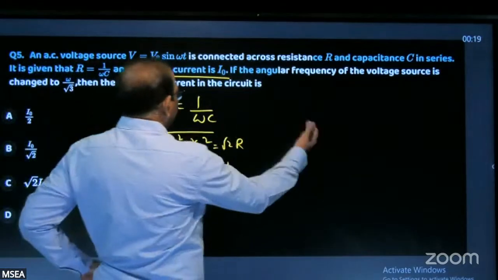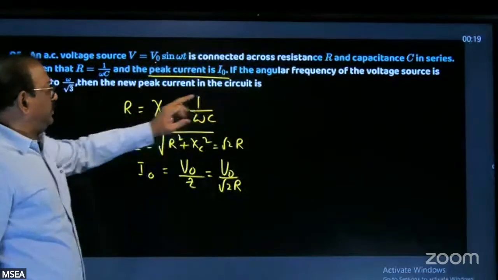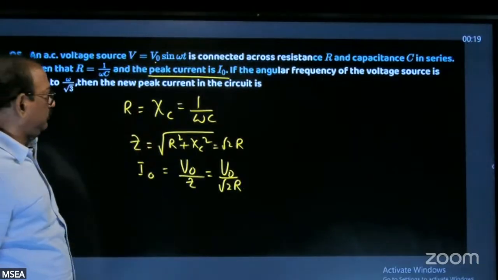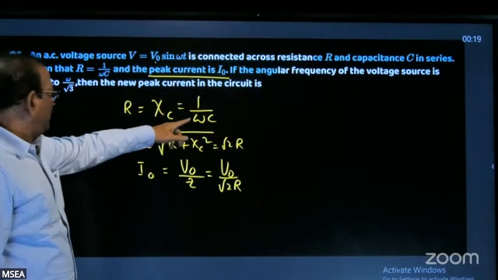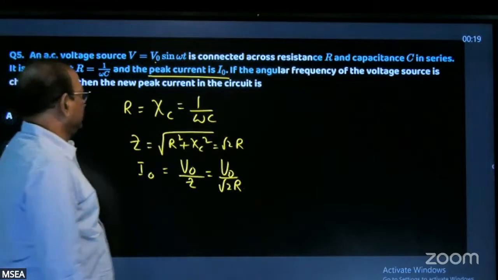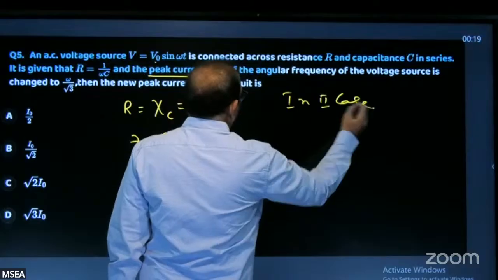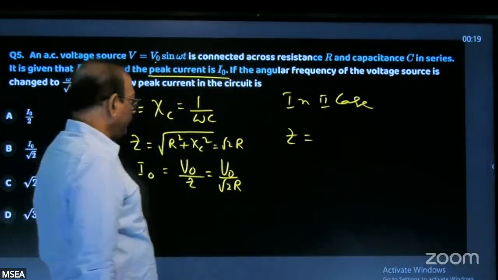First case. Second case, when the angular frequency of the source is changed to omega by root 3. This omega is not omega now, it is omega by root 3. So in the second case, what is the new impedance?